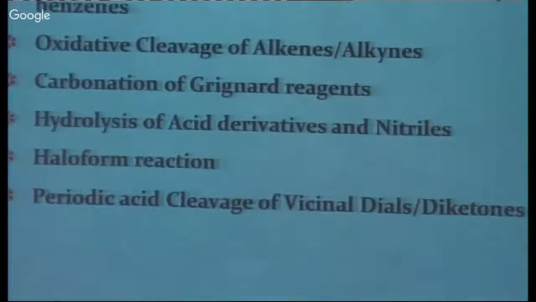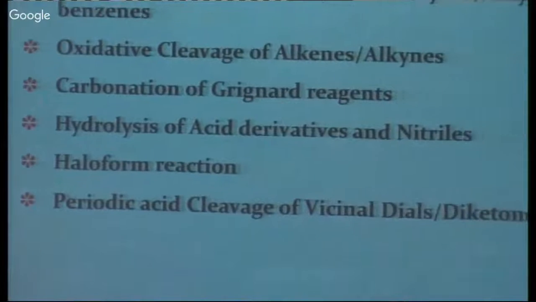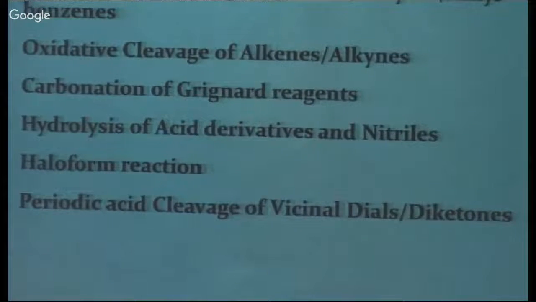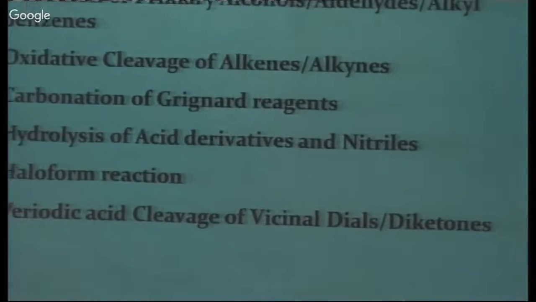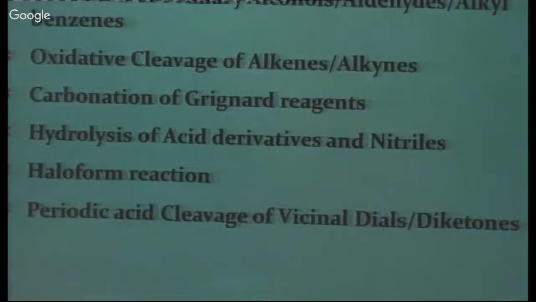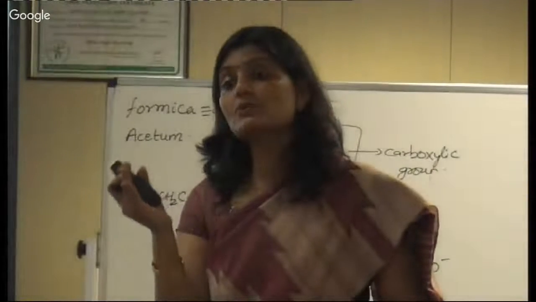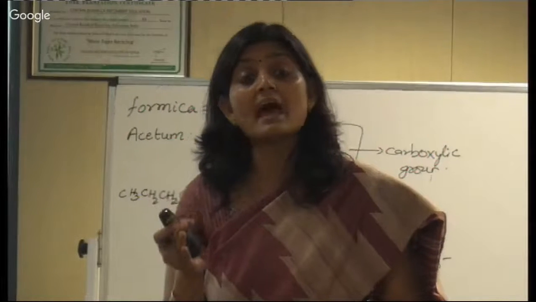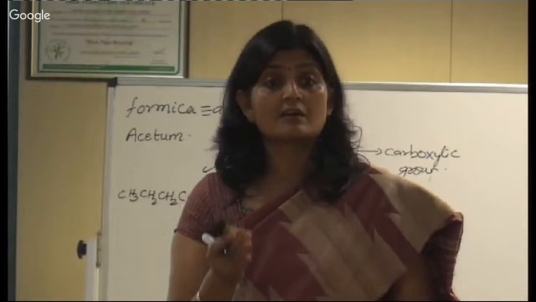The next reaction would be the periodic acid cleavage of vicinal diols or diketones, 1,2-dicarbonyl compounds. They can be oxidized with periodic acid, where there will be cleavage across the carbonyl group, giving you carboxylic acids, again having a fewer number of carbons.